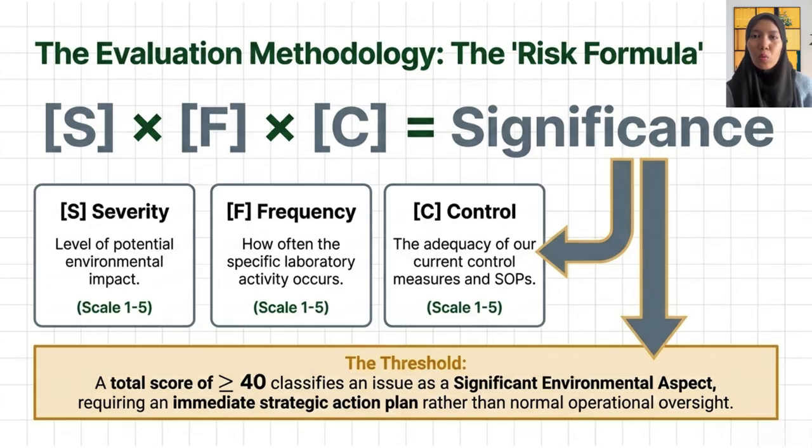The total score was then used to prioritize environmental issues based on their significance. In this assessment, any score above 40 was classified as a significant environmental aspect requiring immediate attention and strategic management action.